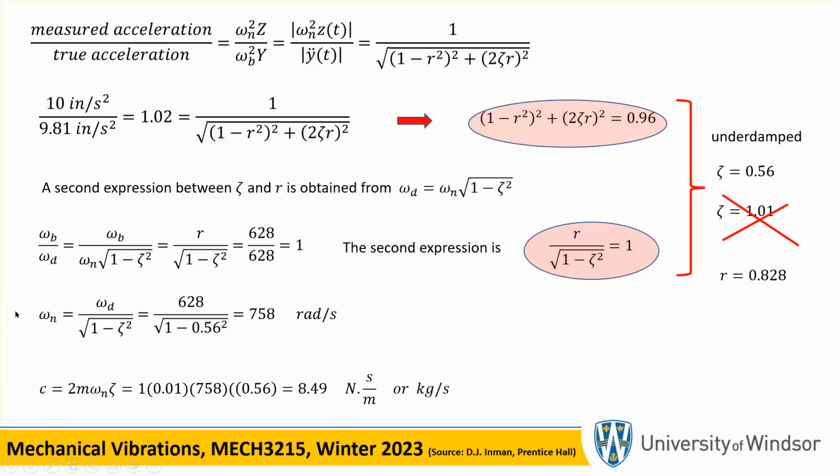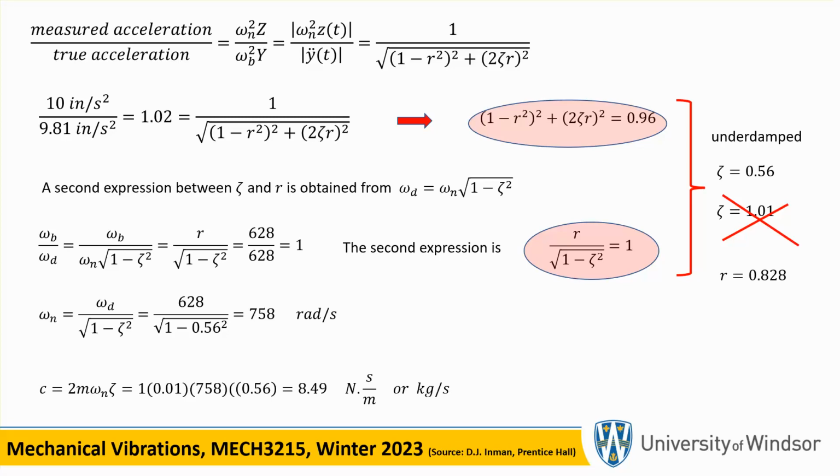Now, if you want the value of C, you know how it works: 2 m omega n zeta. The mass inside the accelerometer, you were told, is 100 gram or 0.01 kilogram. Omega n we just calculated, and zeta is estimated like that, and you're going to get the value of C. So we know the characteristics of our accelerometer.